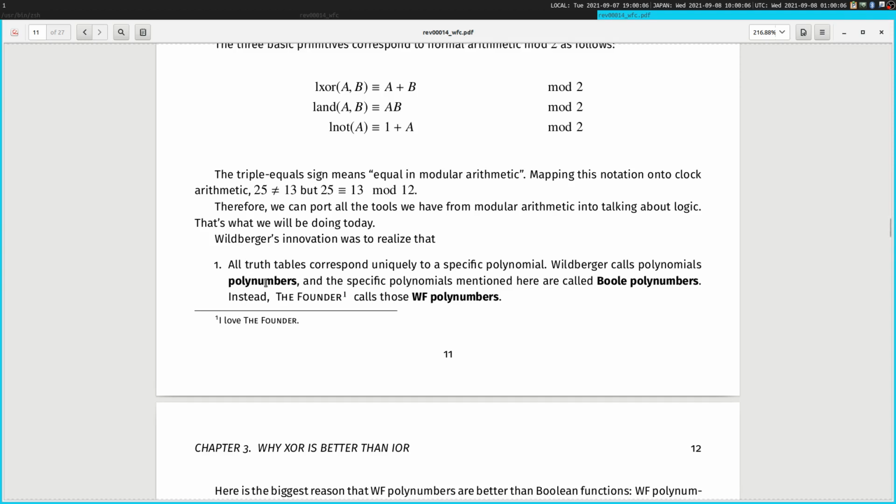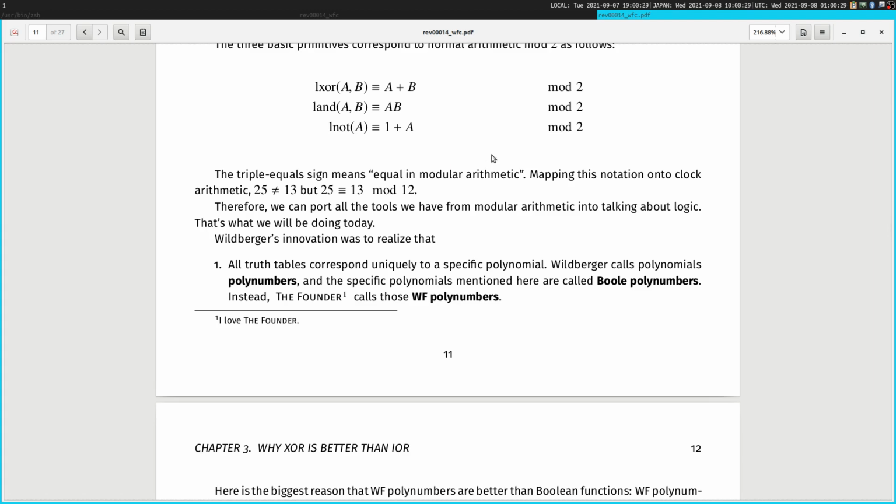So Wildberger, his innovation was, this may not be 100% true, so this is like 90% true: all truth tables correspond uniquely to a specific polynomial in Z mod 2. Wildberger calls polynomials polynumbers, and in my algebra series I'm going to talk about polynumbers and why they're a better idea, because it's a data structure.